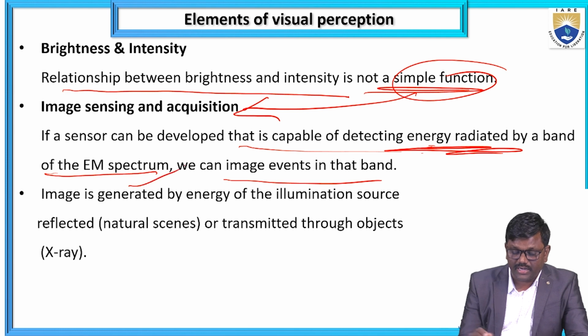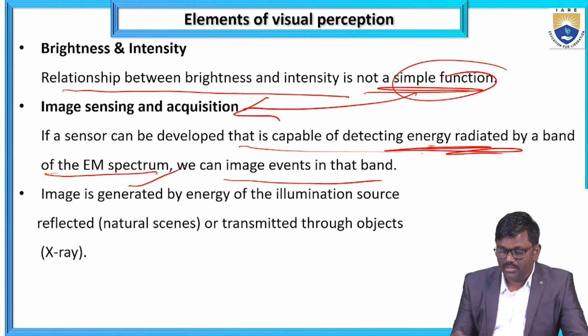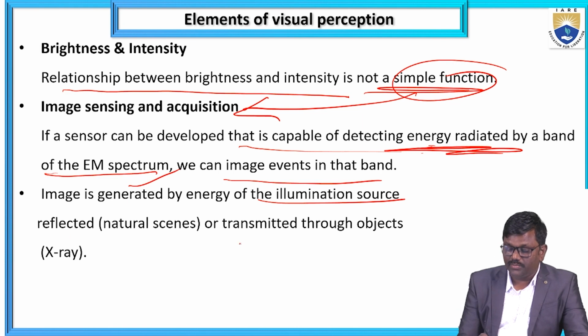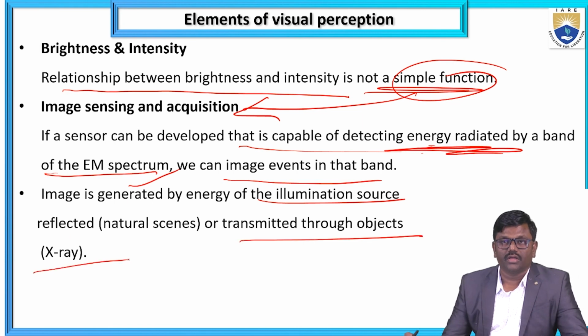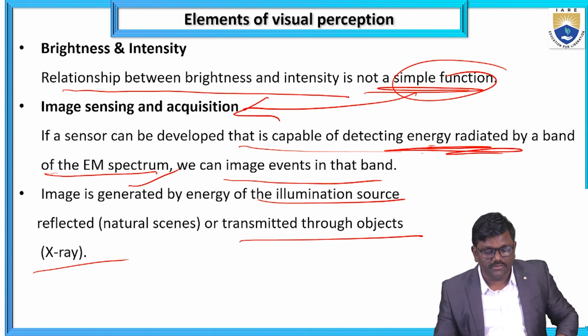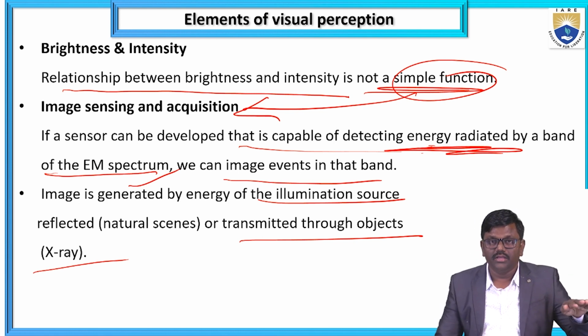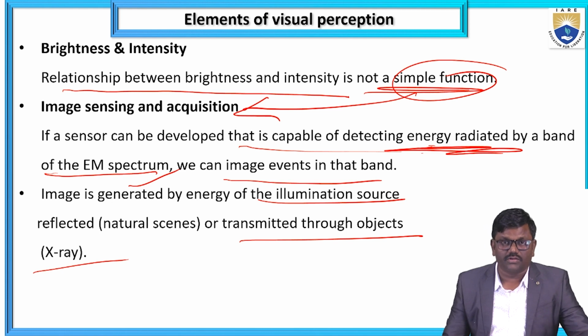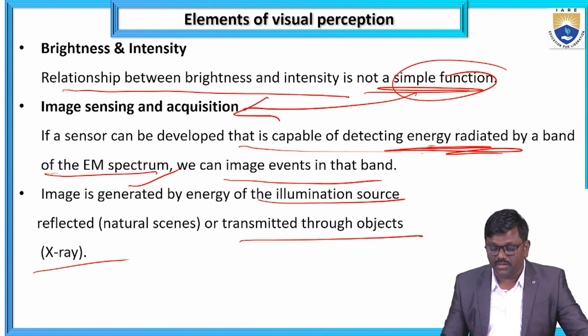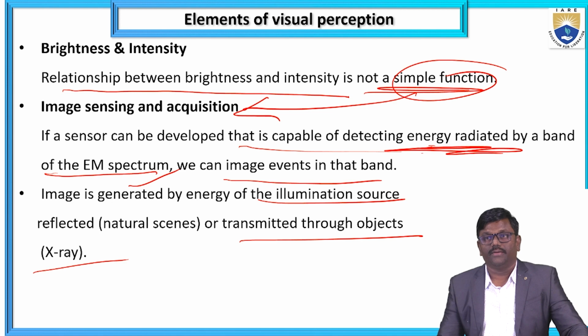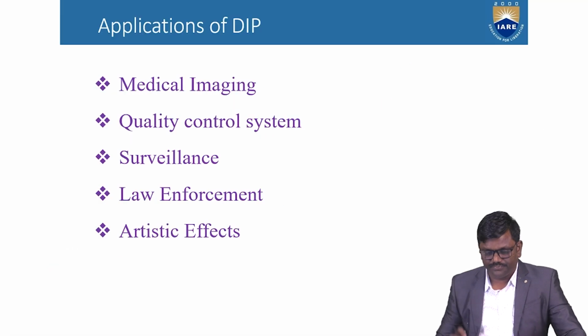Image is generated by energy of the illumination source, reflected or transmitted through objects, for example X-ray.